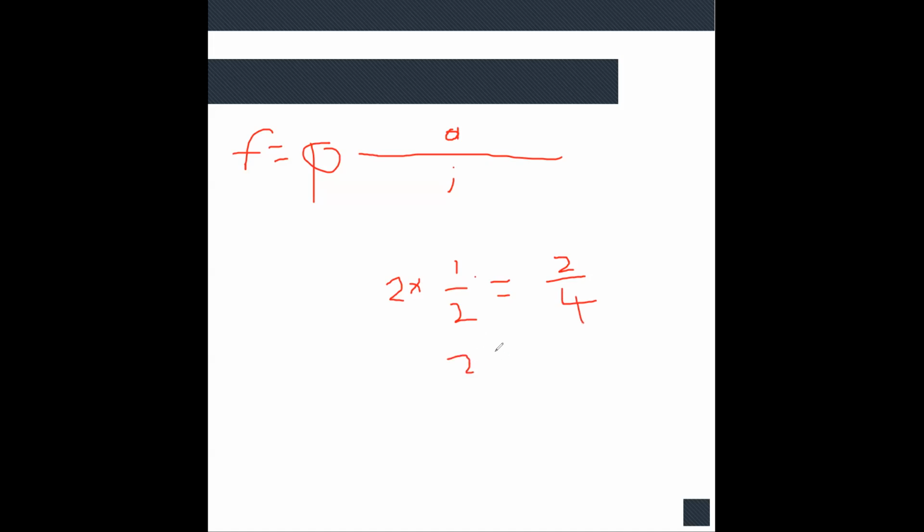It gives you 2 times 1, which is 2, for the numerator, and you keep the denominator, making it 1. That's how you multiply fractions. Only the numerator. Yeah, go ahead.